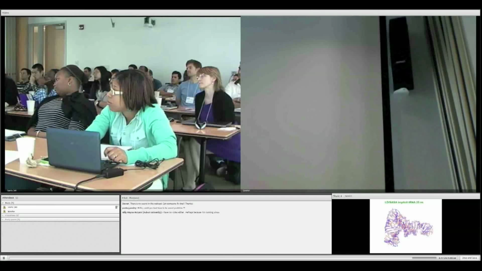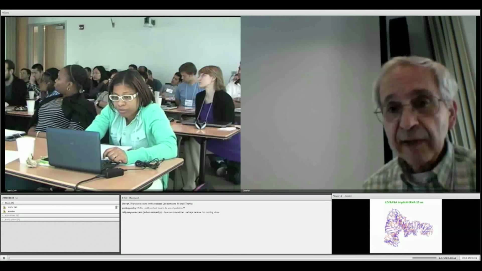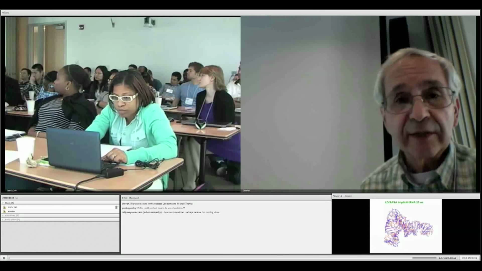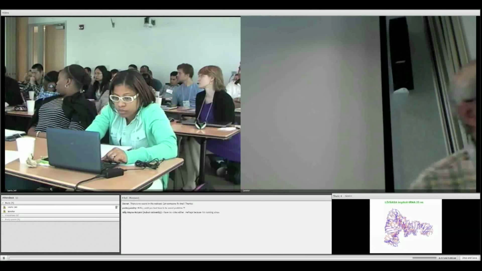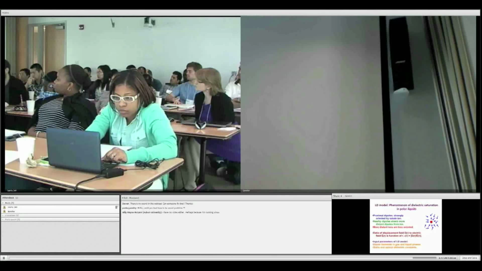This is the same thing with our implicit solvent model. It has some fraying in it. It has a few parts which are not sticking together well, but it pretty much is staying together and is intact.